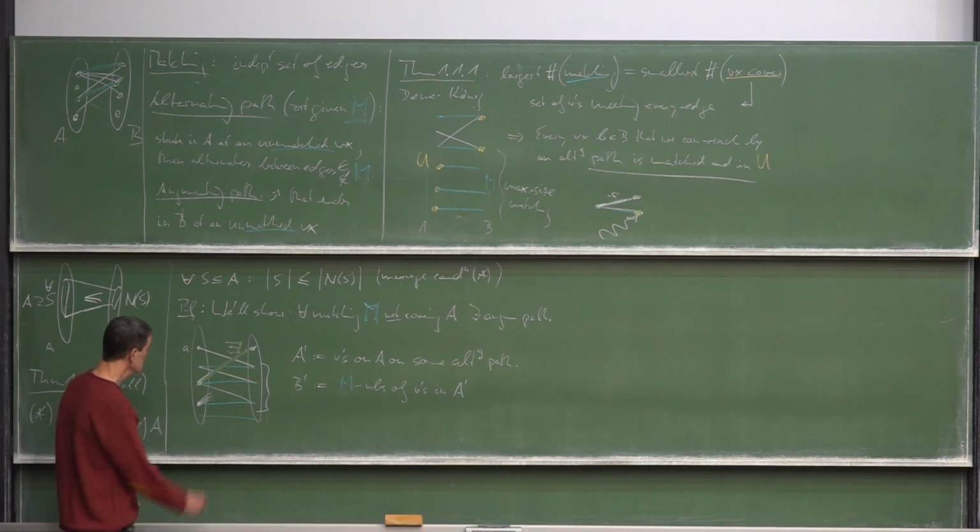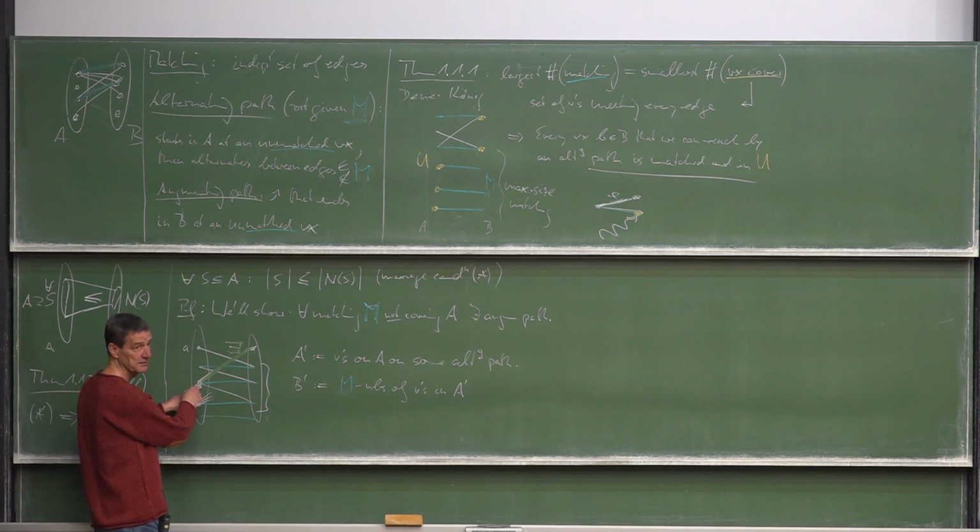But now we can use the marriage condition, which asserts that there's an edge from somewhere in A prime to somewhere outside B prime. And this edge starts on the left at a vertex which is in A prime, and therefore is on some alternating path.